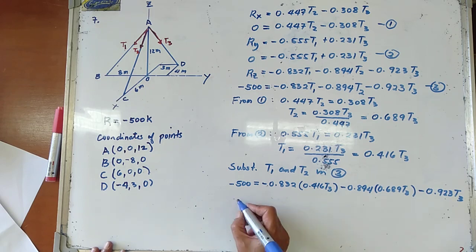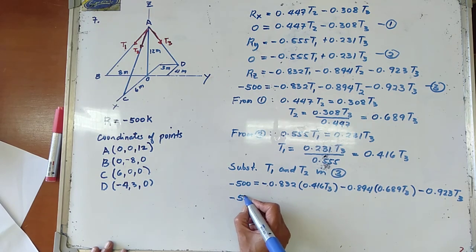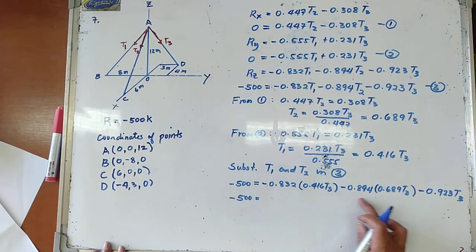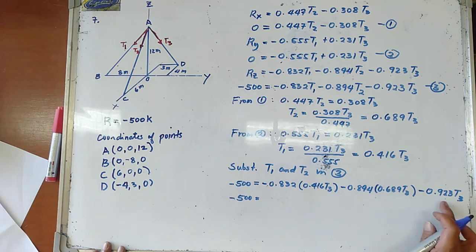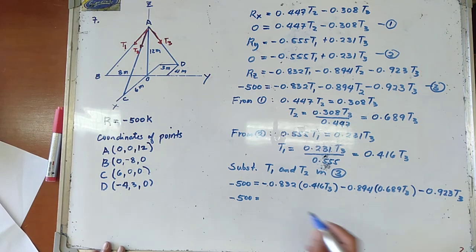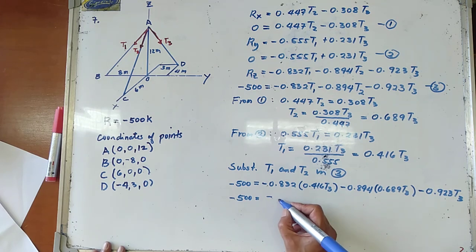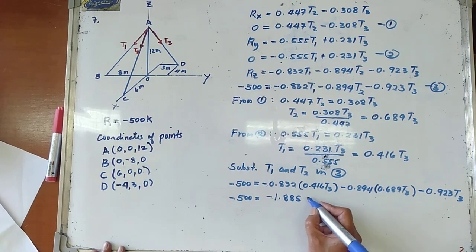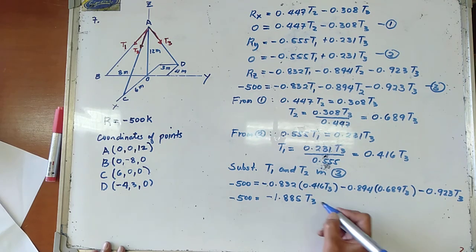So we have minus 500 is now equal to, if you try to get the algebraic sum of these three in here, then that is equal to negative 1.885 T sub 3.